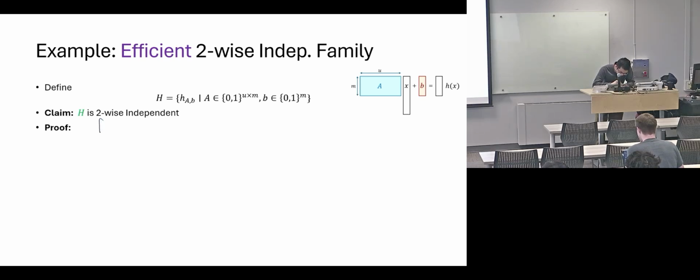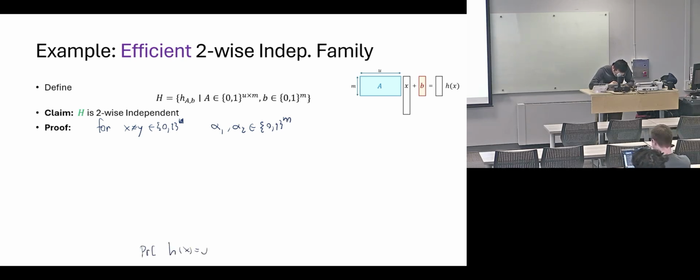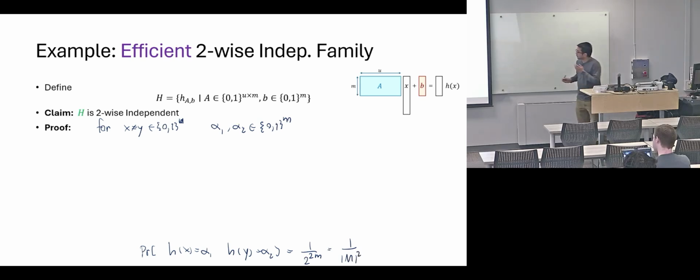It means that for any x and y from the domain that are not the same, and any alpha 1 and alpha 2 from the range, we want to say that the probability that h of x maps to alpha 1 and h of y maps to alpha 2 is something like 1 over the range squared. This is what we want to show.